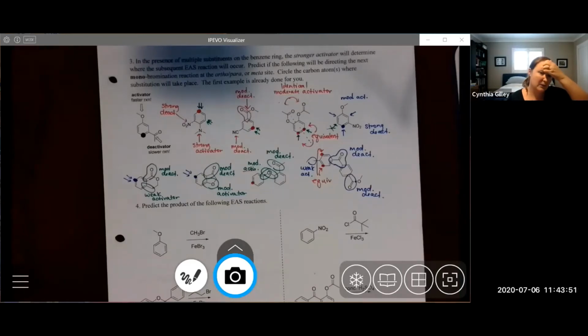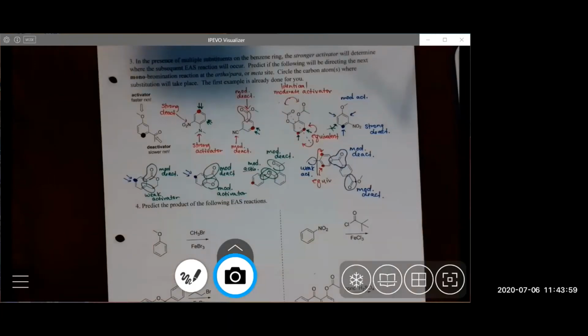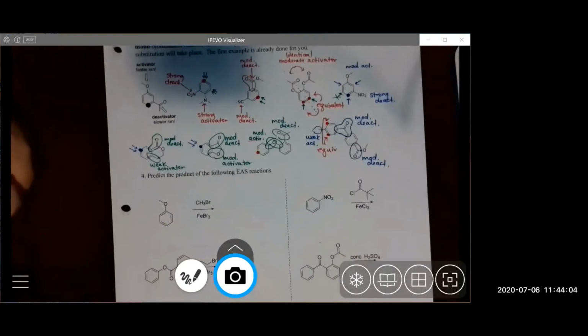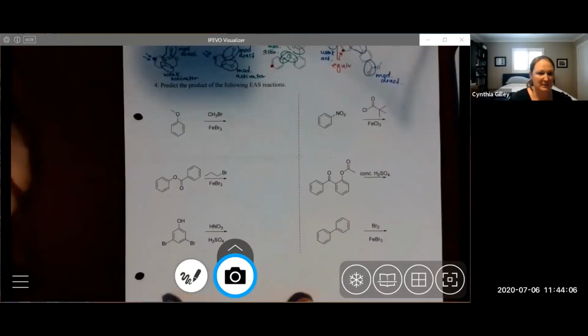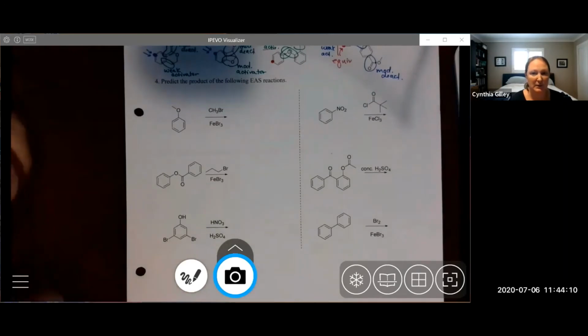And remember, with ortho-para directors, place the group para unless that position is blocked. In this case, it was blocked, then you would go ortho. It's just because para is usually better in terms of steric hindrance.